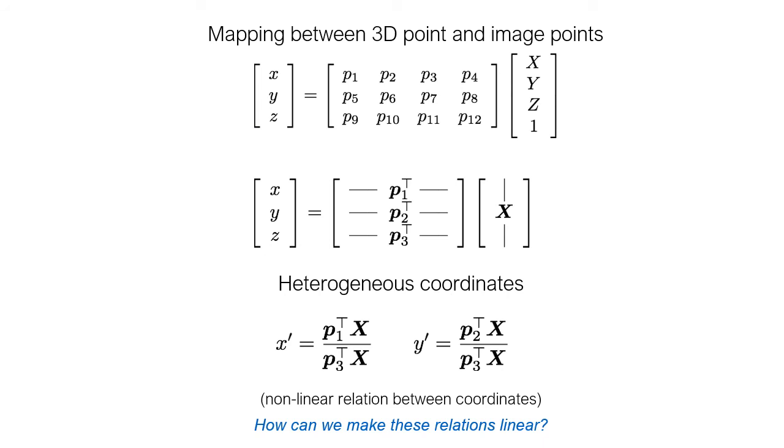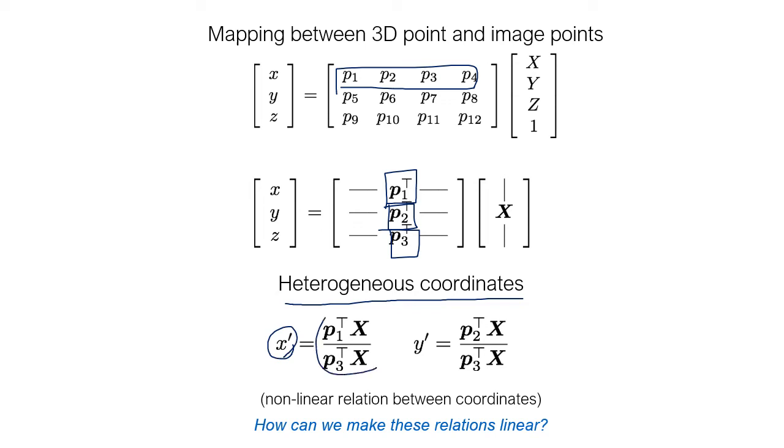We can rewrite the rows as P1 transpose, P2 transpose and P3 transpose. Then, using homogeneous coordinates, x prime is represented by P1 transpose X divided by P3 transpose X, and y prime is similarly represented by P2 transpose X divided by P3 transpose X. So this is a non-linear relationship between the coordinates.